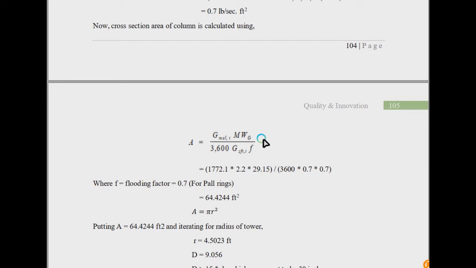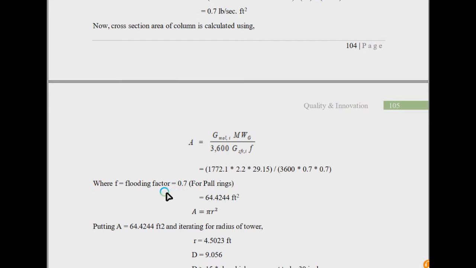Flooding factor can be different based on the type of packing you use and the void fraction inside it. For example, if you use Raschig rings, they have a large voidage, so the flooding factor will be small because they can handle a large amount of fluids compared to Intalox or Pall saddles, or VSP metal rings or Pall rings.